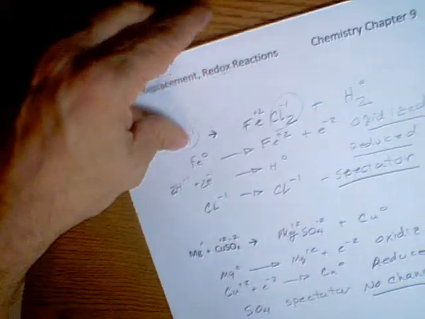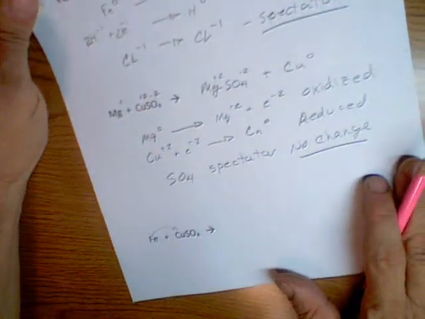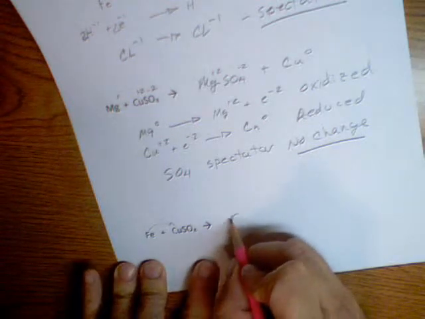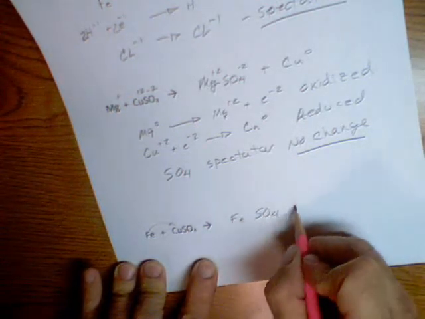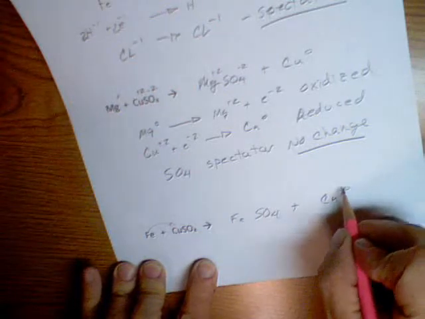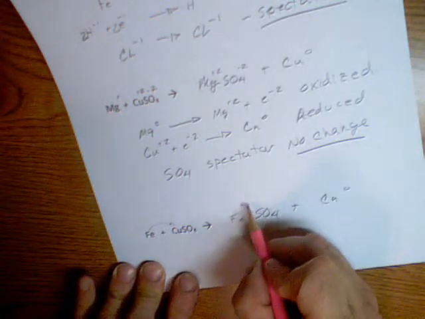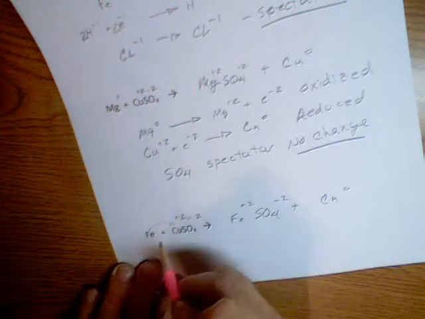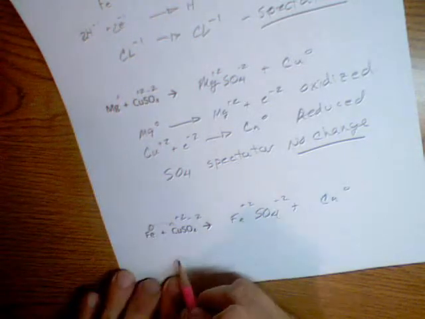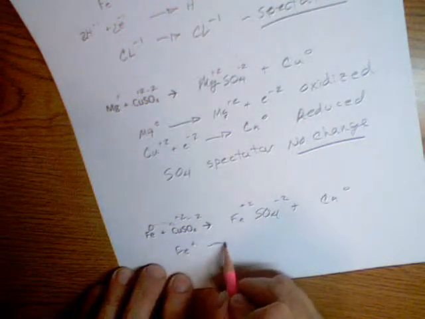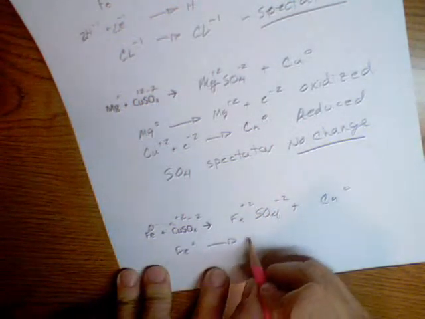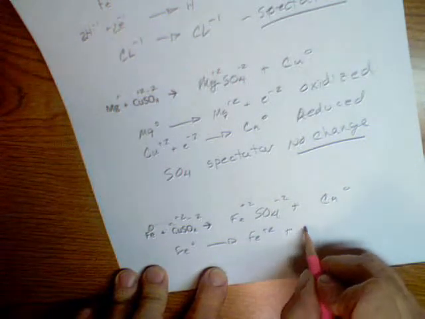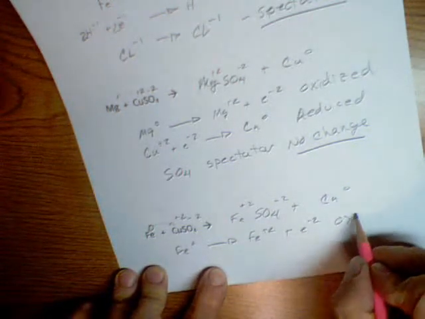And you can determine which is reduced and which is oxidized. So we're going to have FeSO4 plus Cu, just as we had a second ago. We can say that Fe gives up electrons because it becomes a positively charged ion, and so it's oxidized.